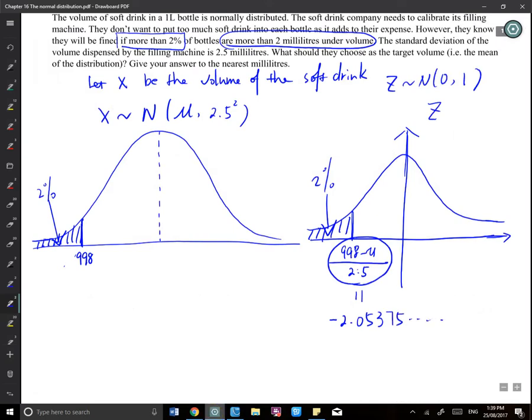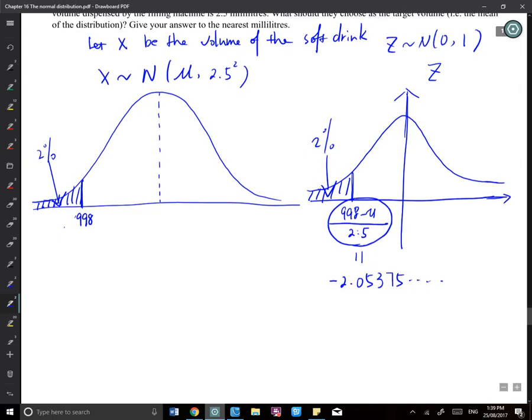If on a Z normal you want 2% on the left, it must be negative 2.05. It can't be any other value. So the conclusion I can make is that 998 minus mu over 2.5 equals minus 2.05375.